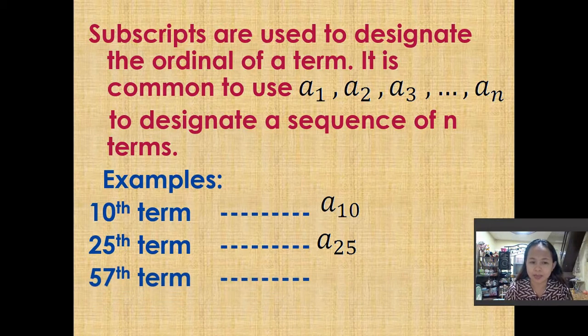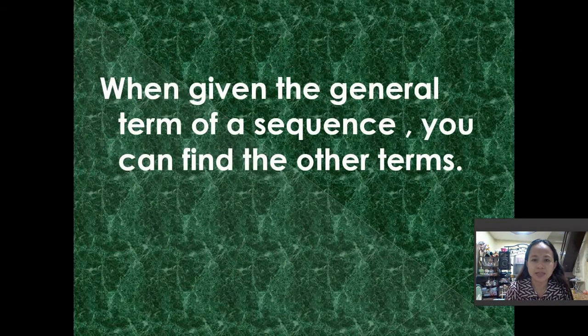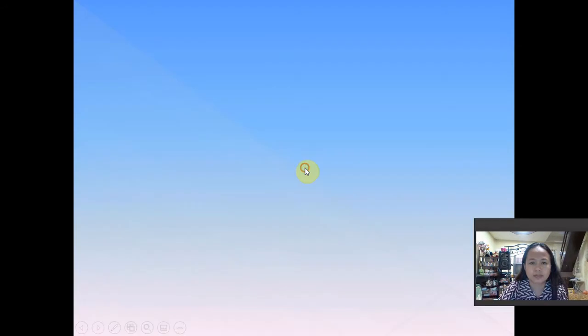If we are given the 57th term, we can denote this with a sub 57, read as the 57th term. When given the general term of a sequence, we can find the other terms.